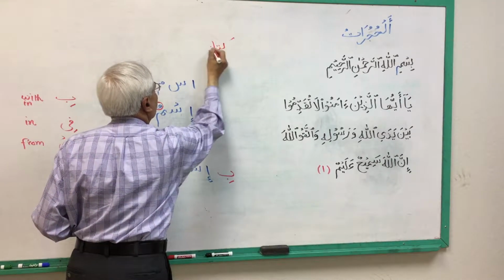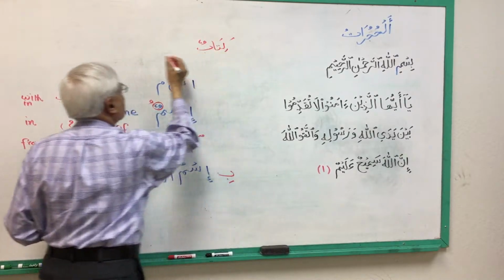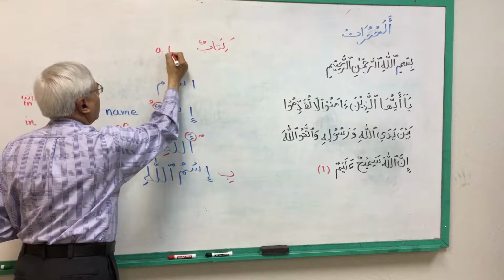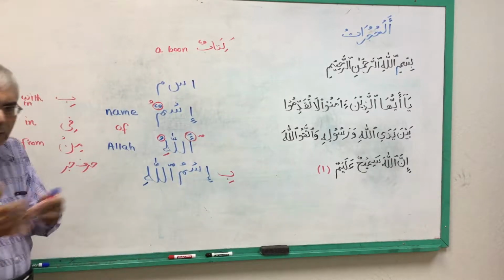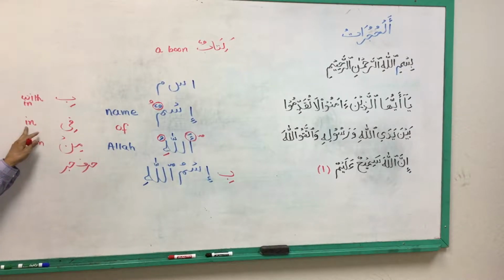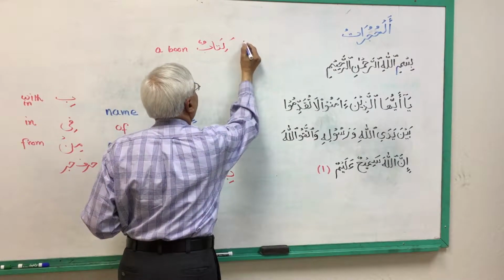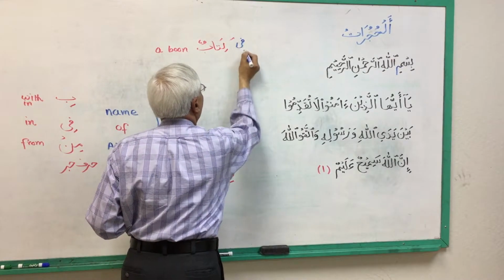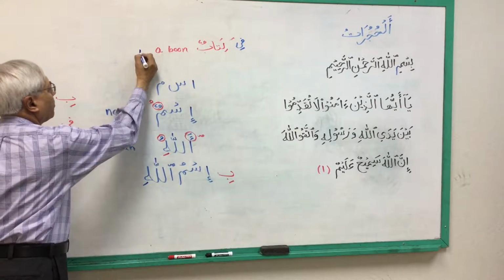Kitabun means book, a book. Now, if I want to say inside the book, the word is fi, in. So I'm just going to write down fi before that.